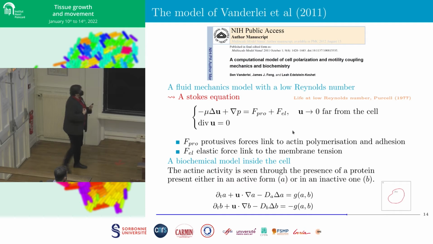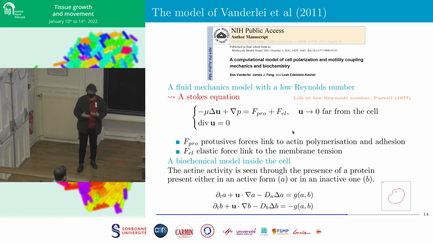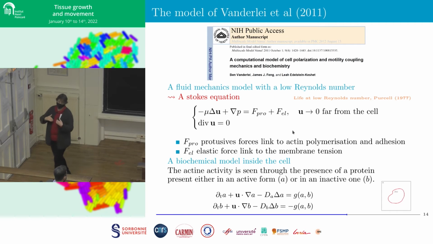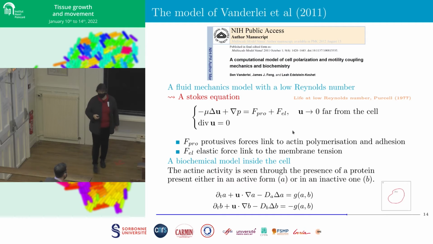In the paper, they only consider one type of protein. You can think of the protein Rac. And this protein can be either in an active form or in an inactive form. So this protein will evolve inside the cell thanks to a transport term, due to the fact that everything moves at the velocity u, a diffusion process, and reaction terms that explain how the protein will be activated or inactivated.